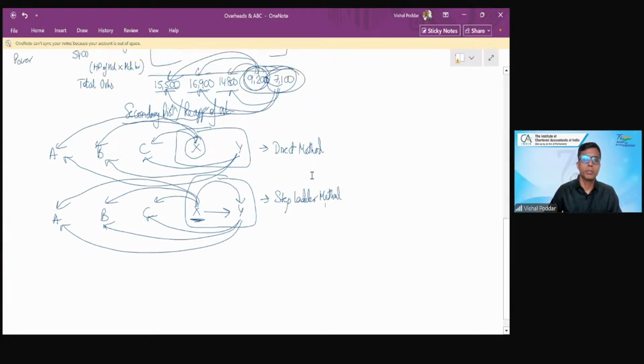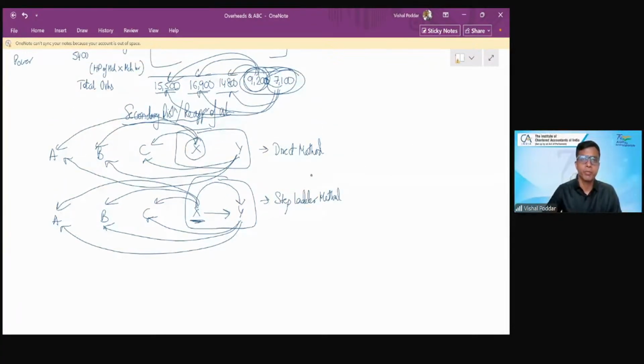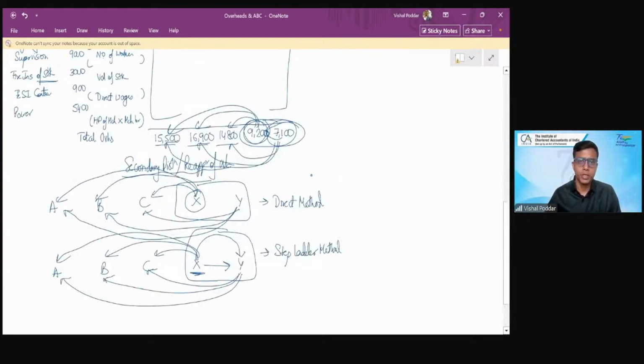Now, what will you do in the step ladder method? In the above example, while apportioning the service department one's expense, which is 9,200, you will also apportion it to the other service department. Again, the ratio which would be given would be for 1, 2, 3, and 4. So when the first service department cost is to be apportioned, it would be apportioned between the production and the other service department.